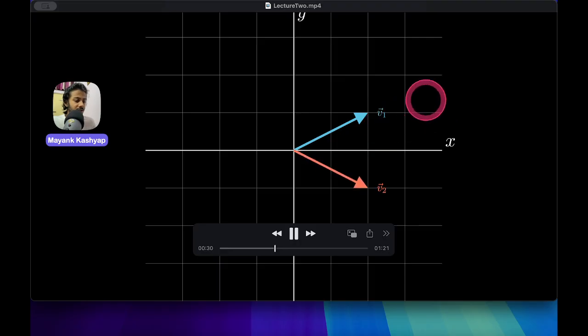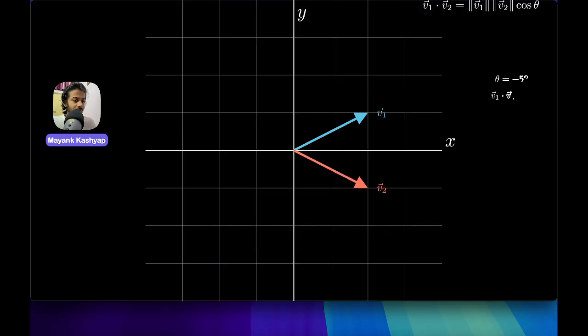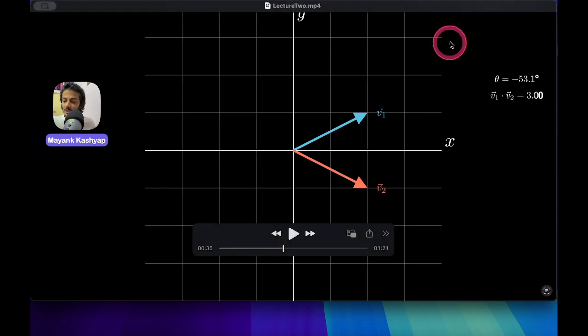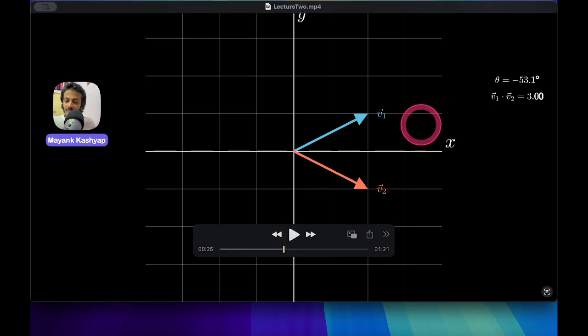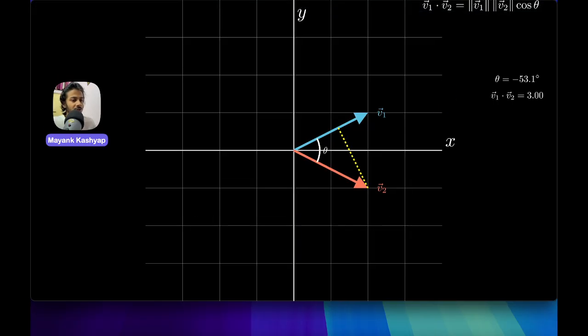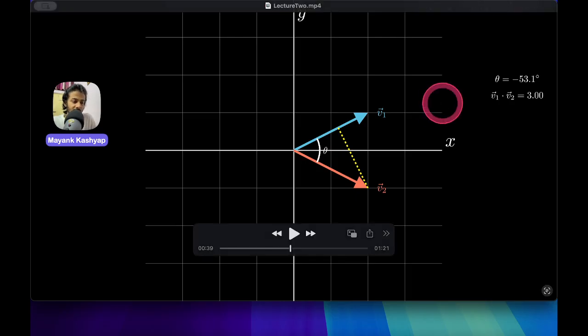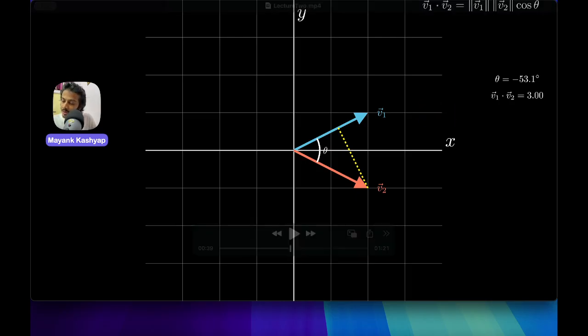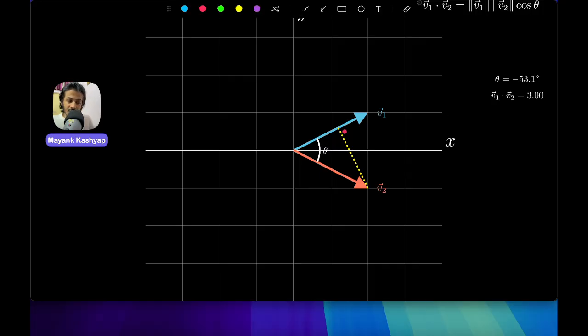Now let's see the dot product. So we have two vectors, v1 and v2, and how can we get the value of the angle? This is the angle, let's say theta. So how do we calculate exactly? For that, we project this perpendicular, right?